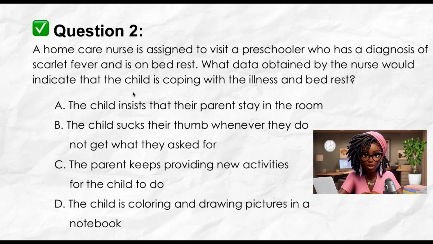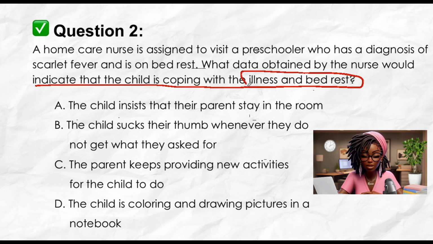So when I look at this question, I need to ask myself, what is this question really asking? It's asking me to indicate what data would let me know that the child is coping with the illness and bed rest. Okay, so coping with it. So this here is an evaluation type of question. So this here I know is a green zone type of question.